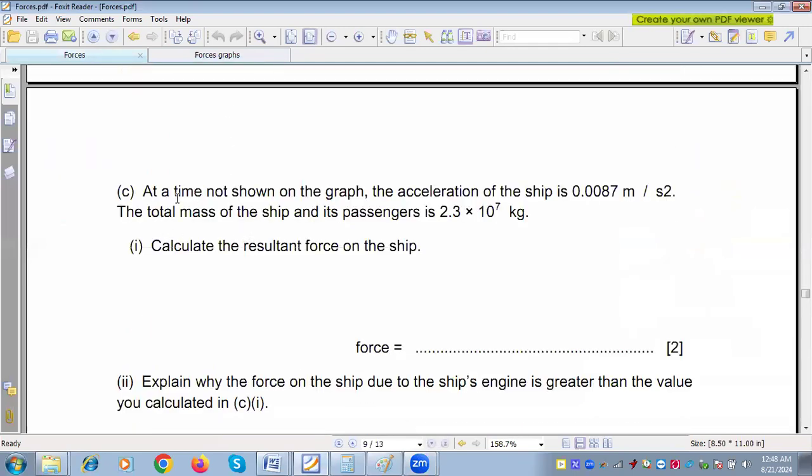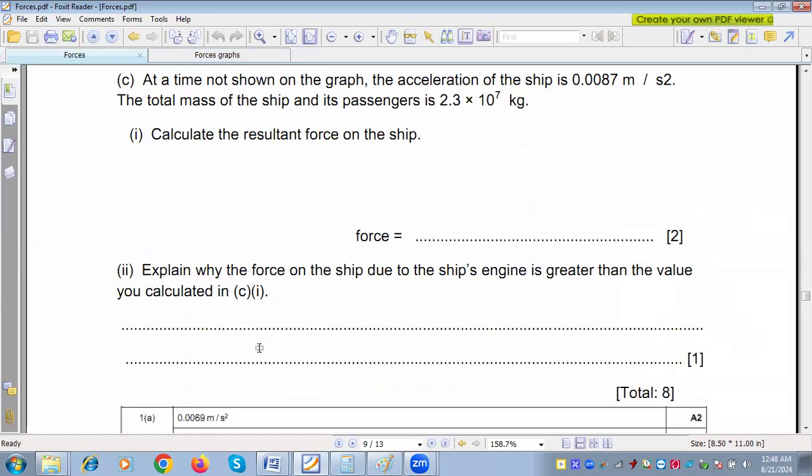At a time not shown on the graph, the acceleration of the ship is 0.0087 meters per second squared. The total mass of the ship and its passengers is 2.3 times 10 to the power 7 kilograms. Calculate the resultant force. So how will we calculate the resultant force?